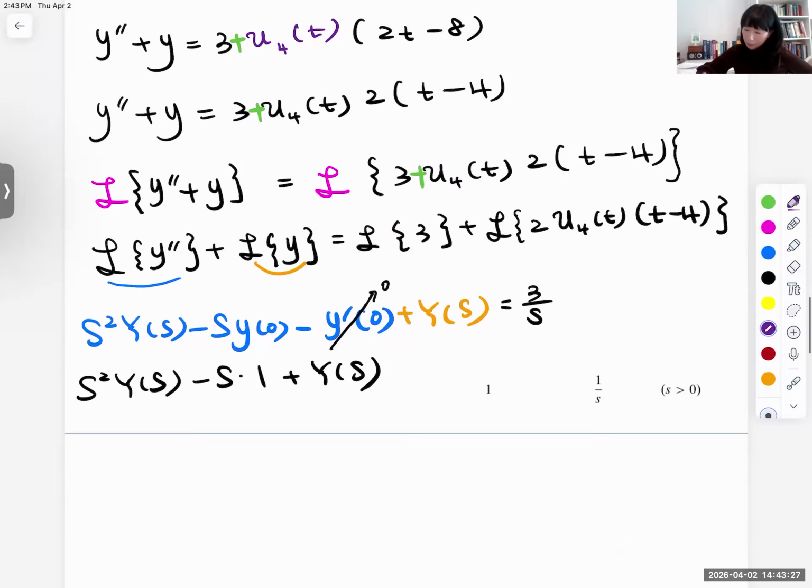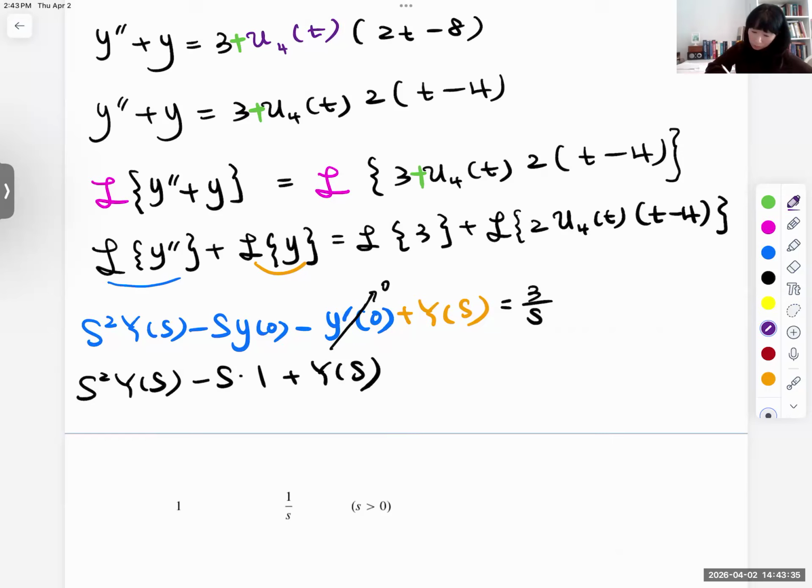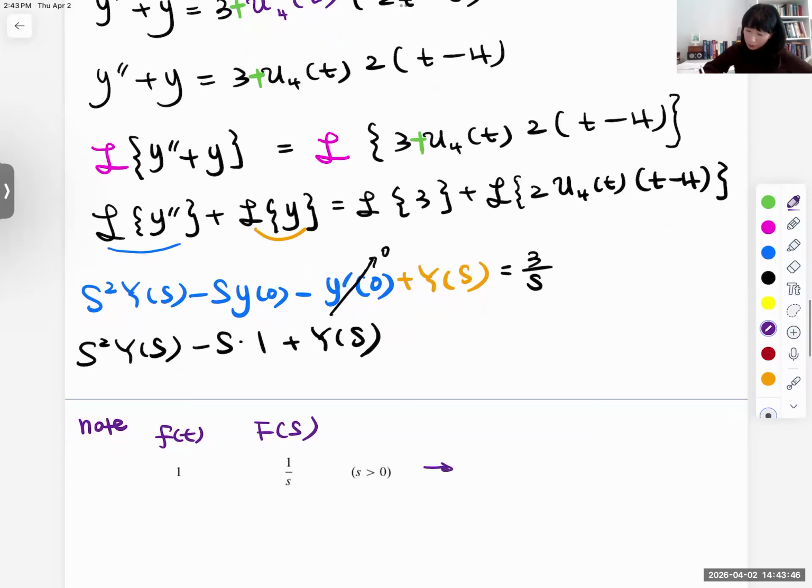Now I want to make it nicely. This is f of t, and this is f of s, the Laplace transform. So there will be 3, equal to 3 over s.